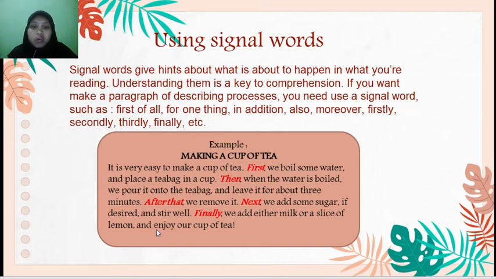After that, we remove it. Next, we add some sugar. We stir well. Finally, we add either milk or a slice of lemon and enjoy our cup of tea. And in that paragraph, the signal words used are first, then, after that, next, and finally.